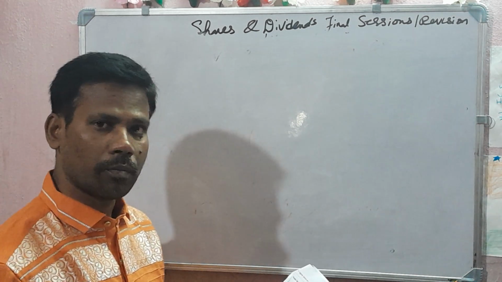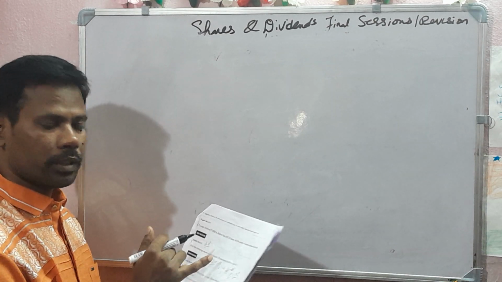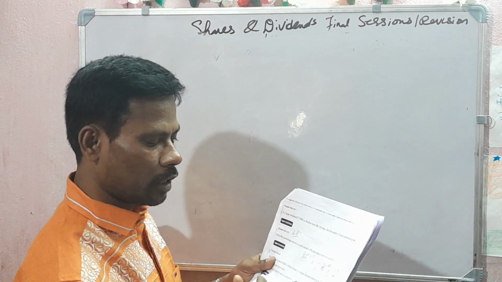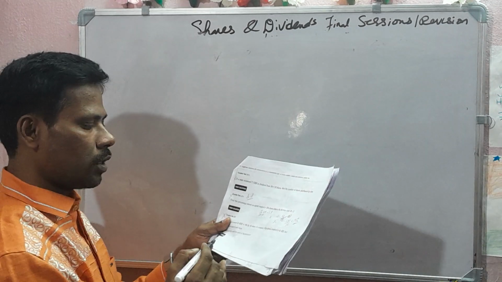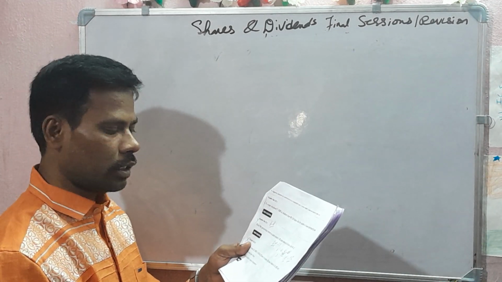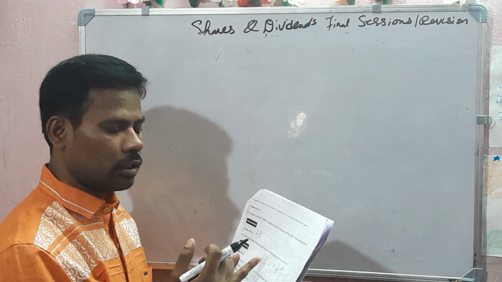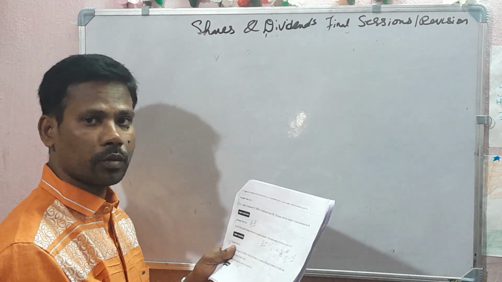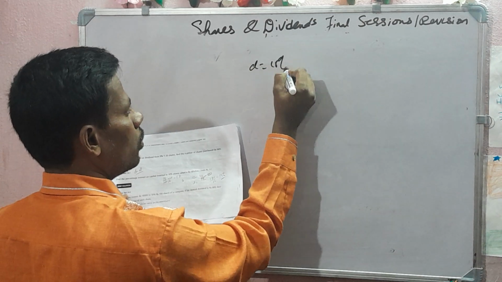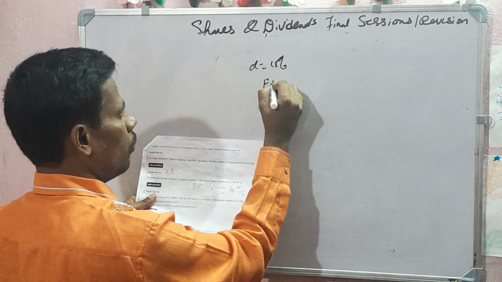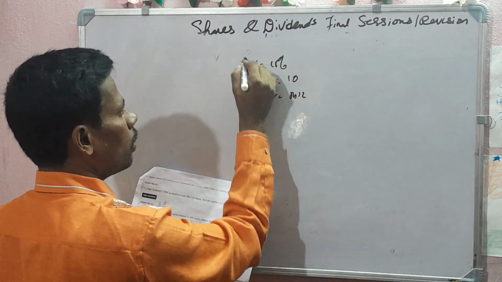Again, this is also a simple question. Percentage interest he is asking, that is rate percentage. The shares are 18%, so dividend is equal to 18%, face value is 10, market value is rupees 12.